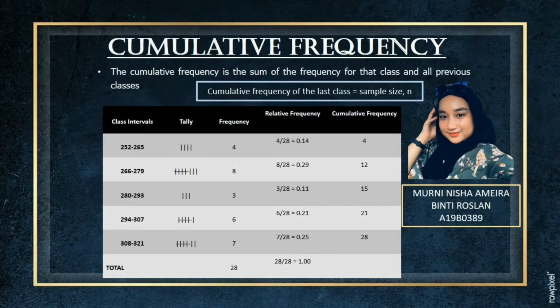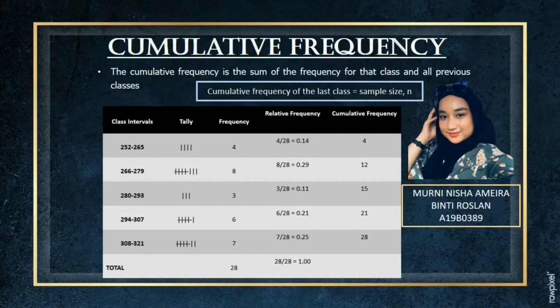Last but not least is cumulative frequency. The cumulative frequency is the sum of the frequency for that class and all previous classes. The cumulative frequency of the last class is equal to the sample size.